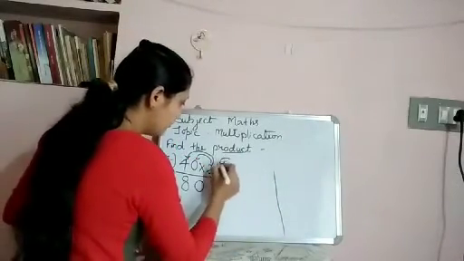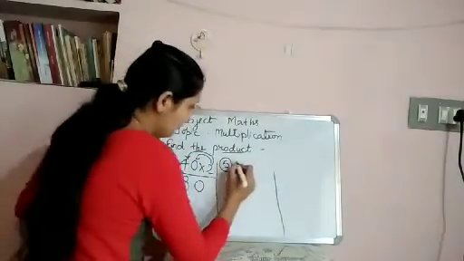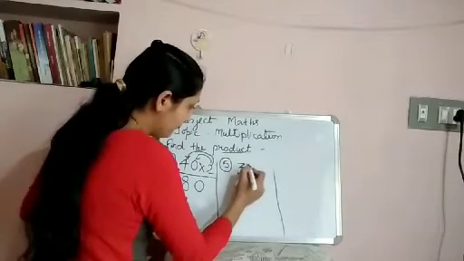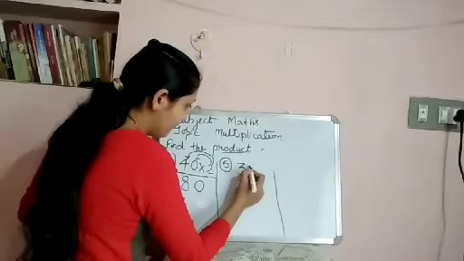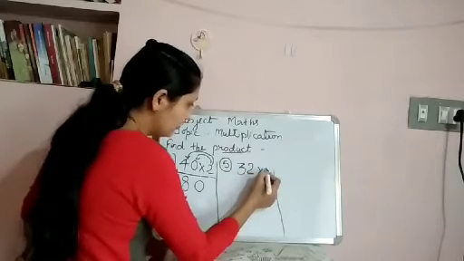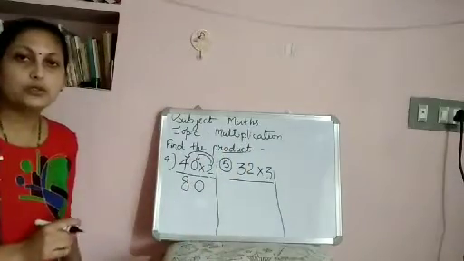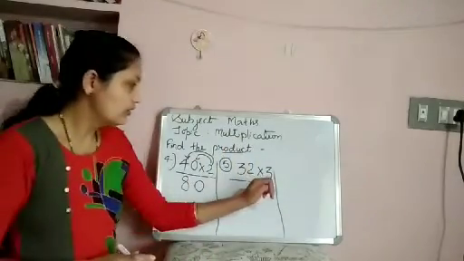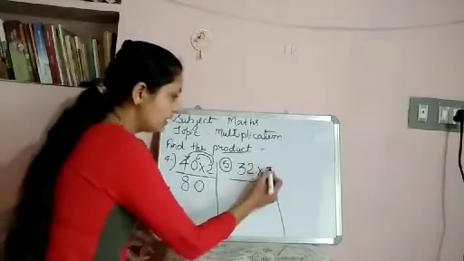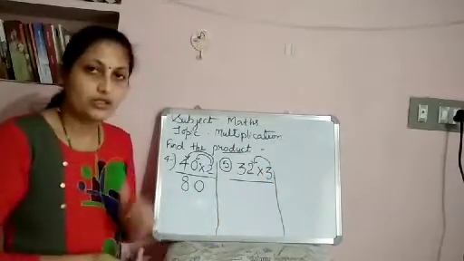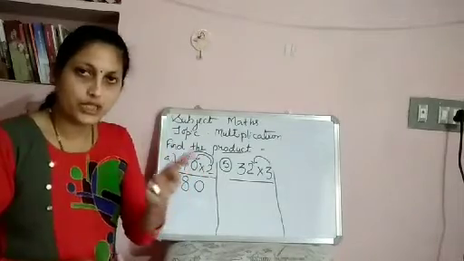Fifth one. 32 into 3. First 3 into 2. 3 1s are 3, 3 2s are 6.